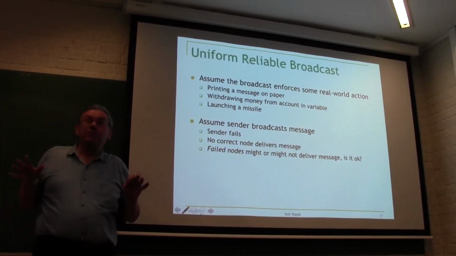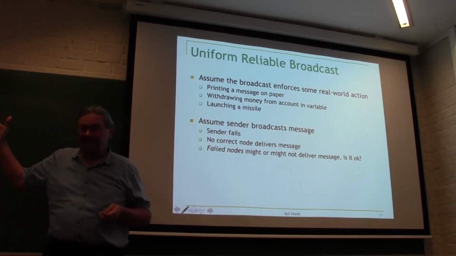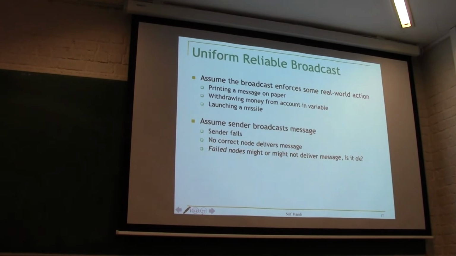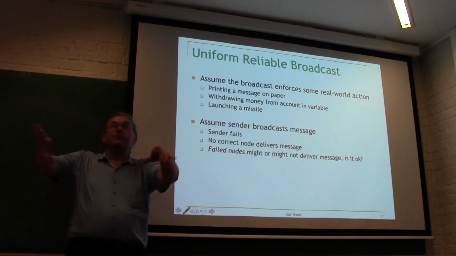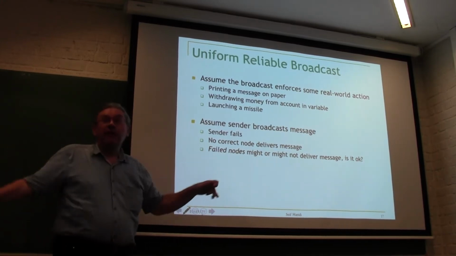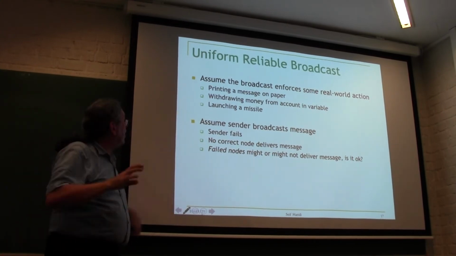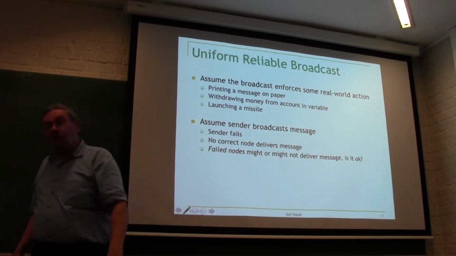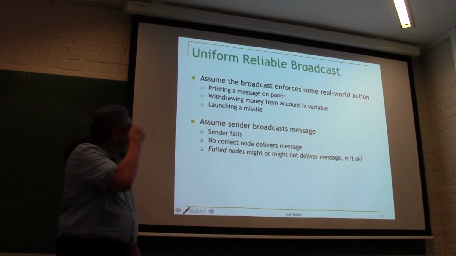So it's important to know if the missile was actually launched or not. It's a war situation, nodes are failing, there are missile silos and headquarters of the army all over the place. They're all the nodes, and they're failing because bombs are dropping and so on. And the general says, launch this missile. Did the missile actually get launched?